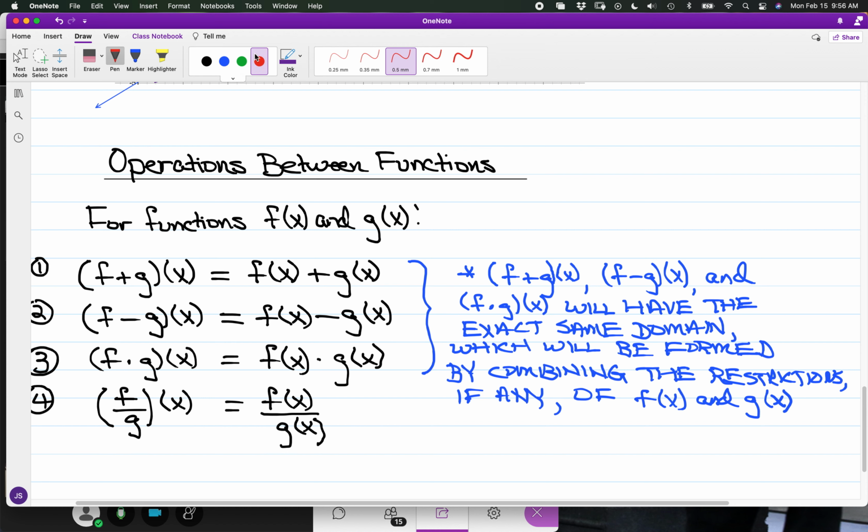But now in the case of the quotient function, the quotient function might have the same domain as the prior three operations, but this one can still potentially have a different domain.